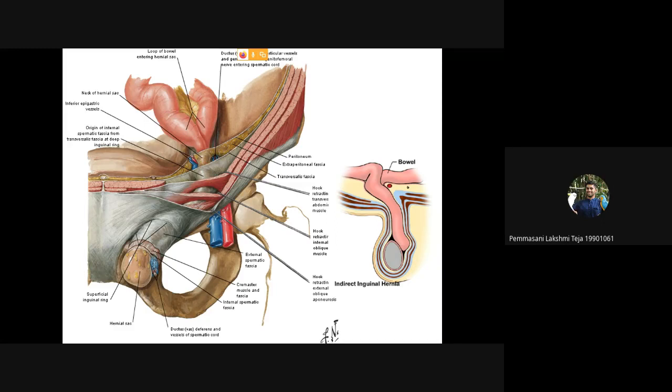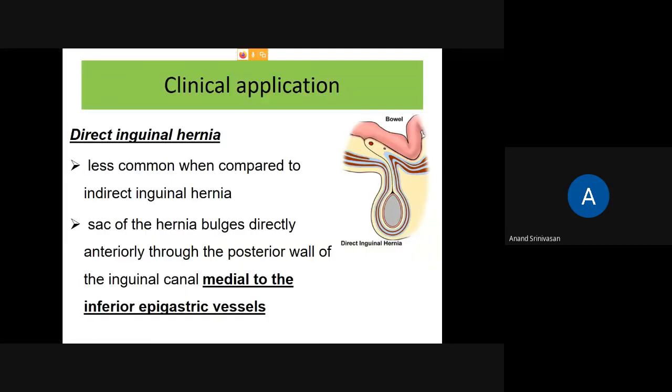Indirect, doctor. Yes, it's indirect. You can see that it is coming through the deep inguinal ring, and it is lying lateral to the inferior epigastric artery. So this is an indirect inguinal hernia.